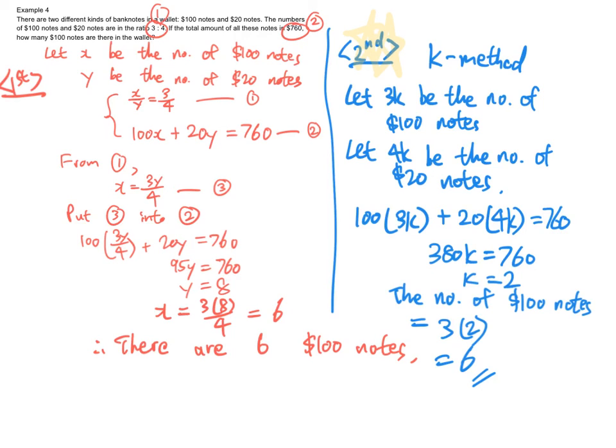Some of you may mix the x and y, so it's quite confusing when you have two unknowns. But now if you have only one, so you won't mix it up. So I suggest you to use the K method. But this one is difficult to understand. So make sure you remember why we need the 3K, why we let 4K here.